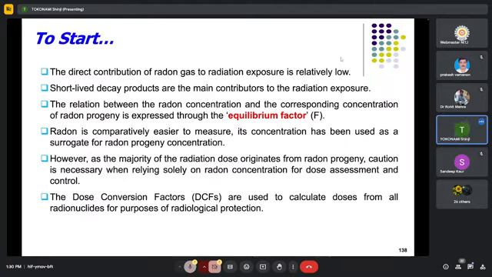However, as a majority of the radiation dose originates from radon progeny, caution is necessary when relying solely on radon concentration for dose assessment and control. The dose conversion factors are used to calculate doses from all radionuclides for purposes of radiological protection.